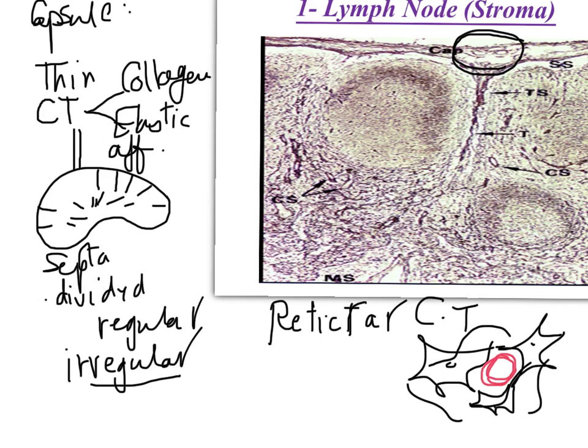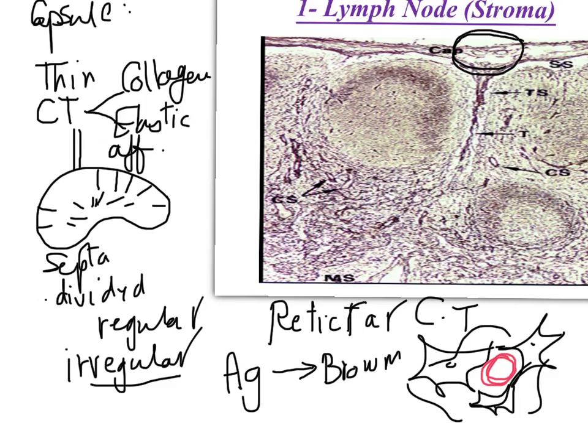In the holes, we have the cells of the parenchyma. You may be asked about the stain. It is stained by silver, as in this picture, to have a brown color.